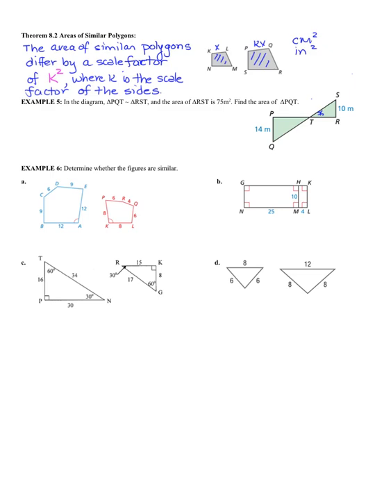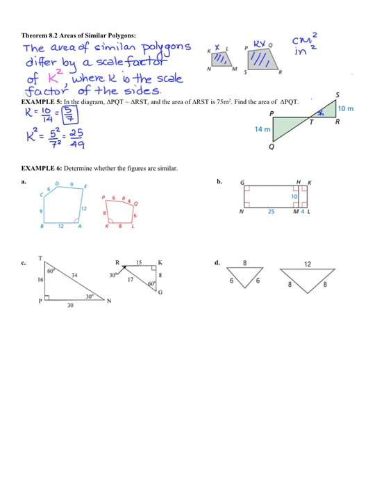All right, so first thing we have to do is find the scale factor of the sides. So I'm going to go 10 is to 14, and again I'm going to reduce it, so that will become 5/7. So k is going to be 5/7, which means k squared is going to be 5 squared over 7 squared, which is 25 over 49.